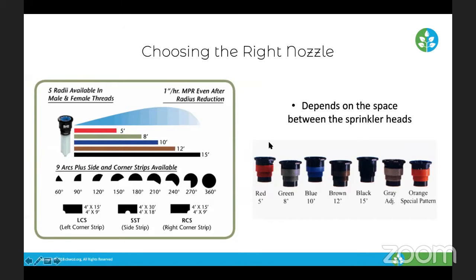So we have a lot of water doubling and overspraying in that area. We only need a 10-foot nozzle, but they'll just throw in a 15, or vice versa. So that's something to look at, especially if you need to replace your nozzles. Just get a tape measure, measure from one sprinkler head to the next, and that'll tell you what size nozzle you need.